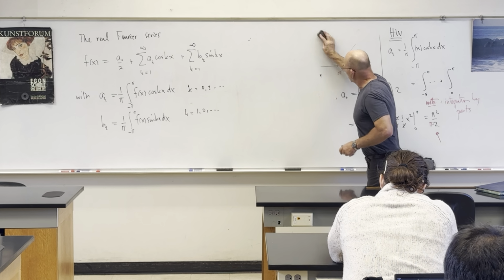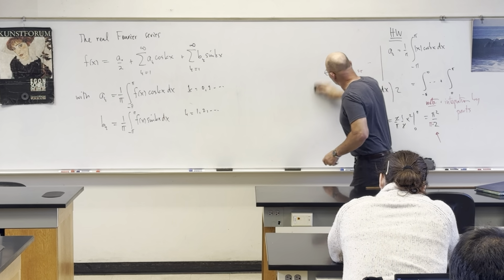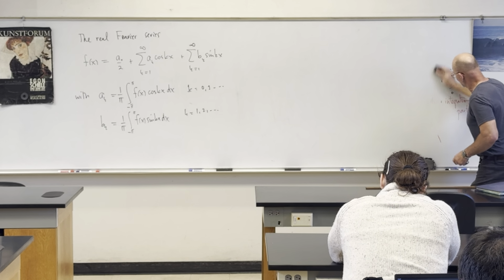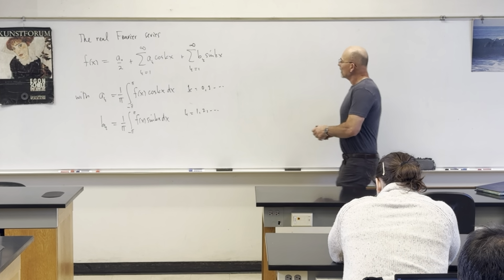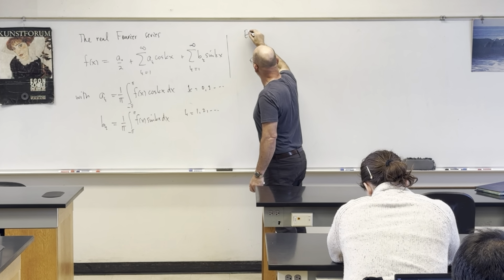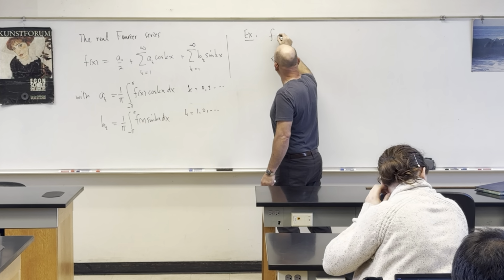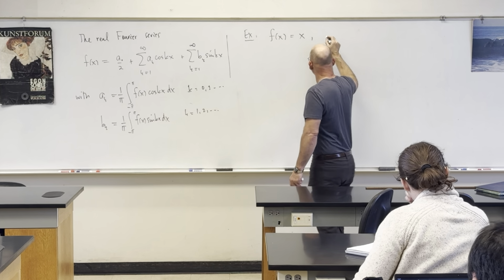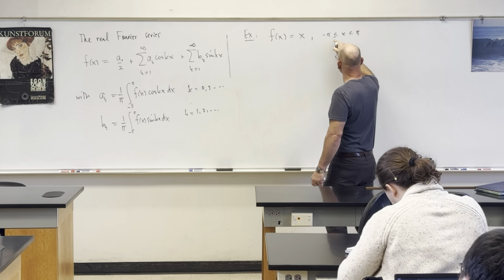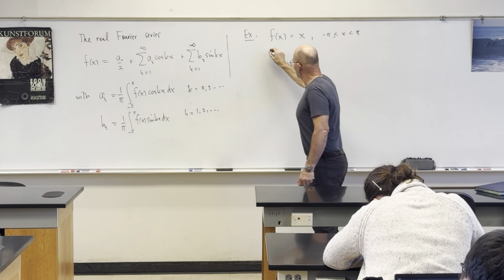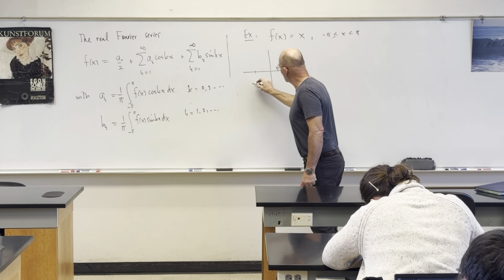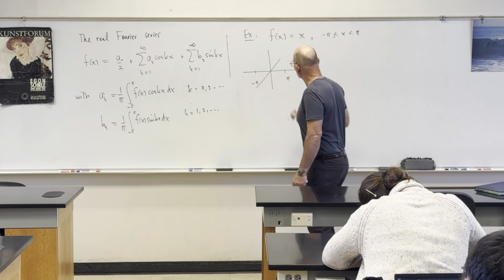So we've got our formulas up there. Let's look at the odd version, namely just a straight line. This example we'll also start and then put on the homework. We're just going to do f of x equals x from minus pi to pi. Okay, so here's something we can grasp pretty well. Minus pi to pi, this is the function.